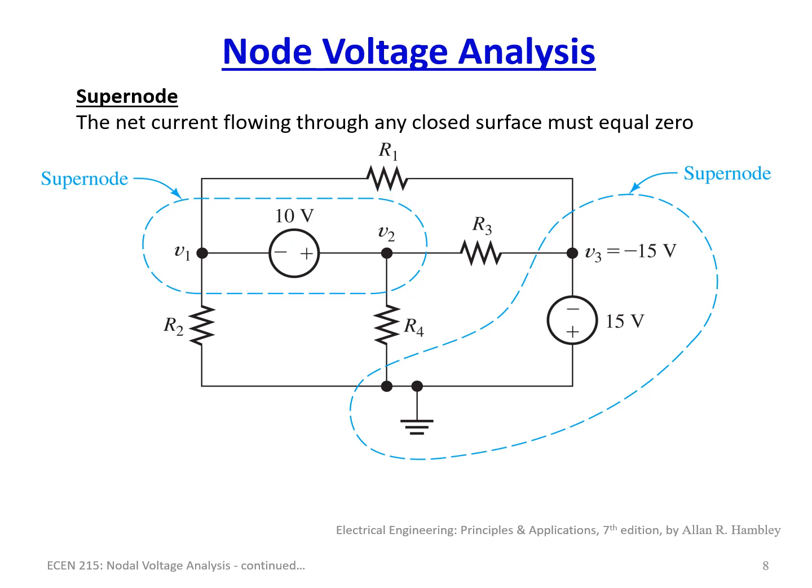So what's being said is that the net current flowing out of here must equal 0. And then the same thing is true here, that everything around this node must equal 0. So the current coming out of this node must also equal 0. That's all that's trying to say.